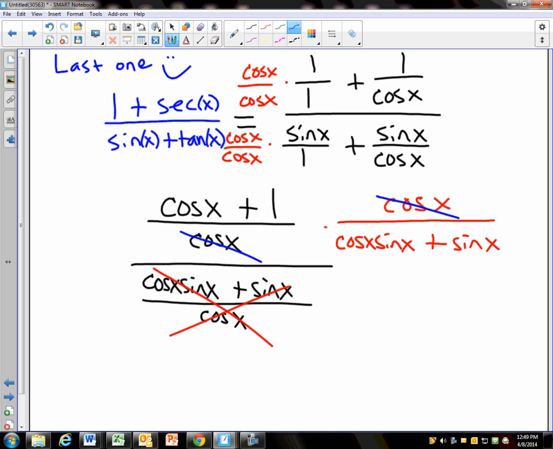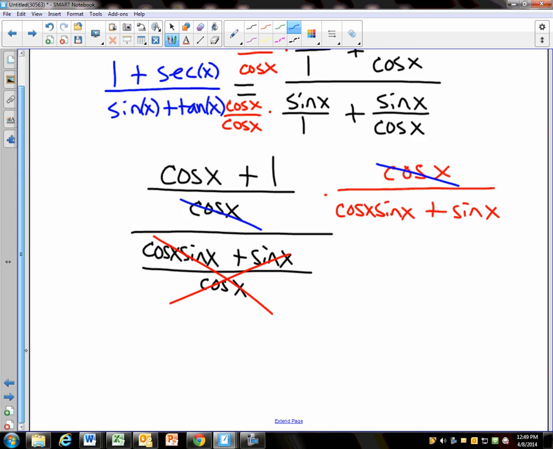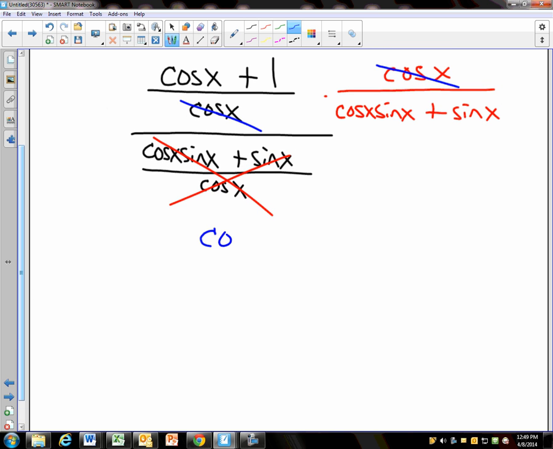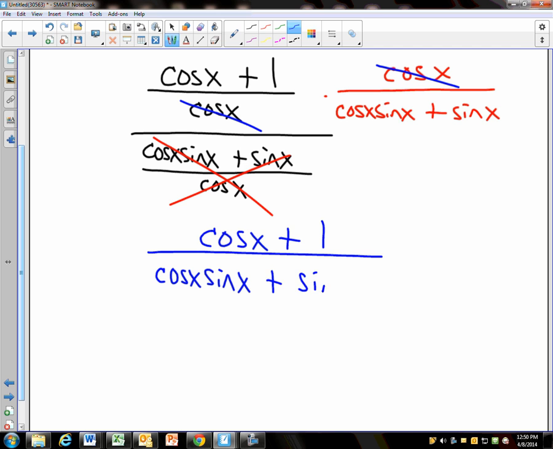I could get that, can't I? By factoring out a sine. So, we do our last step. On the top, I have cosine of x plus 1. And on the bottom, I have cosine of x times sine of x plus sine of x.